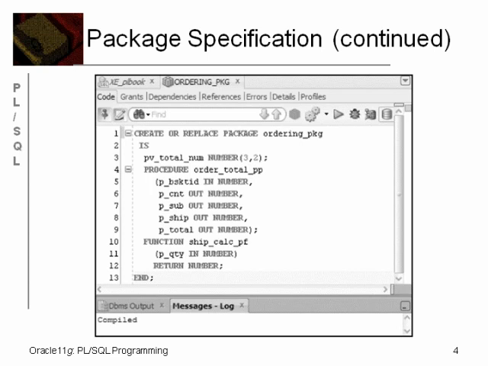This one actually has one package variable, and the name of it is PV underscore total underscore num. And then it obviously gives the data type for the package variable. Notice they're using that PV underscore as the prefix, so that we know that that's a package variable.